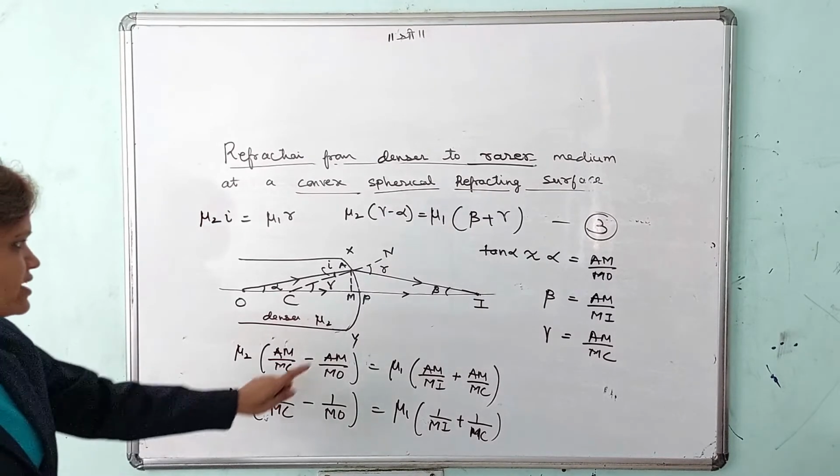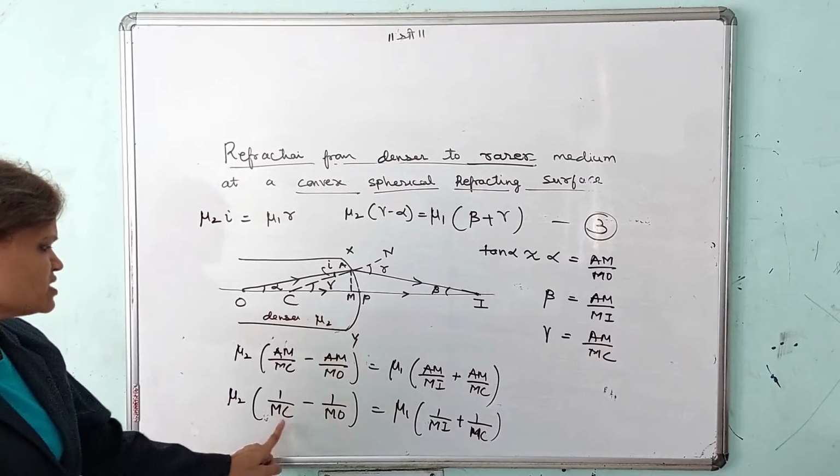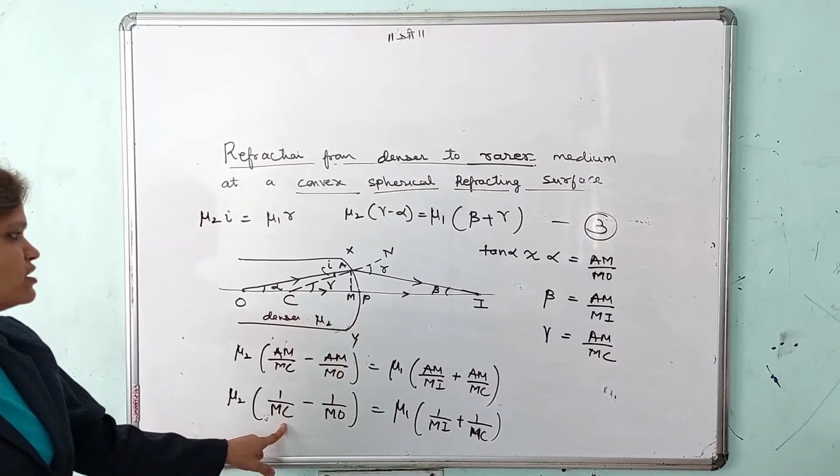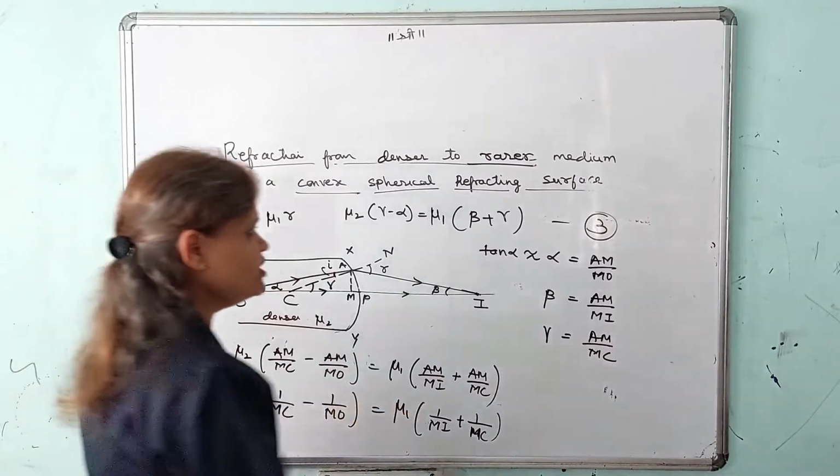Now you can see that P and M are very close. So MC is going to be considered approximately equal to PC, MO will be PO, MI will be PI.